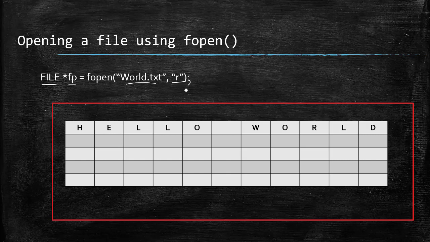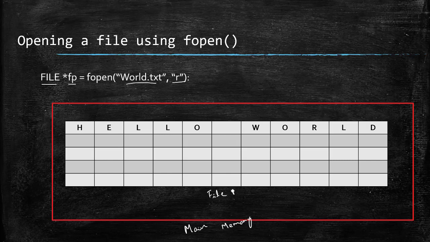When we perform that fopen function, the world.txt file content will be copied from the hard disk to the main memory. So this red section is suppose our main memory, and here this is my file buffer.